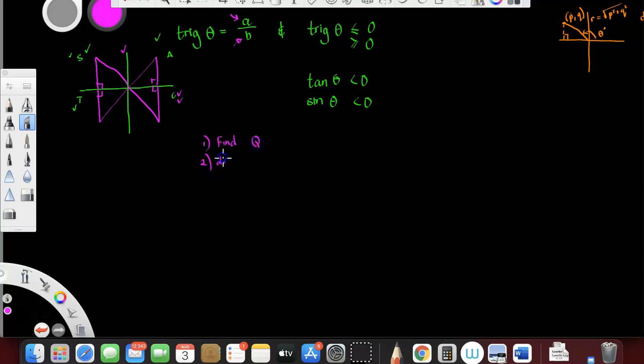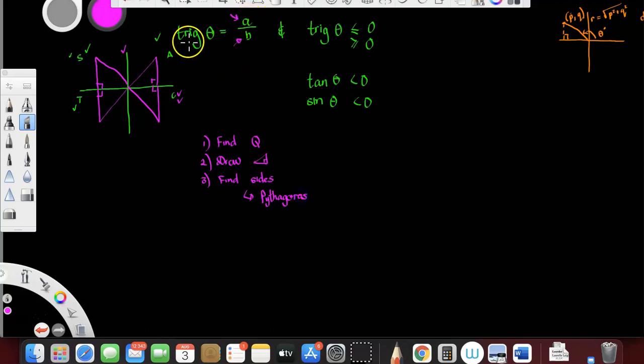Secondly, you draw the triangle. Thirdly, you find the sides. And remember, there must be three sides. So one of the sides is going to be solved with Pythagoras. So it depends on what these are.